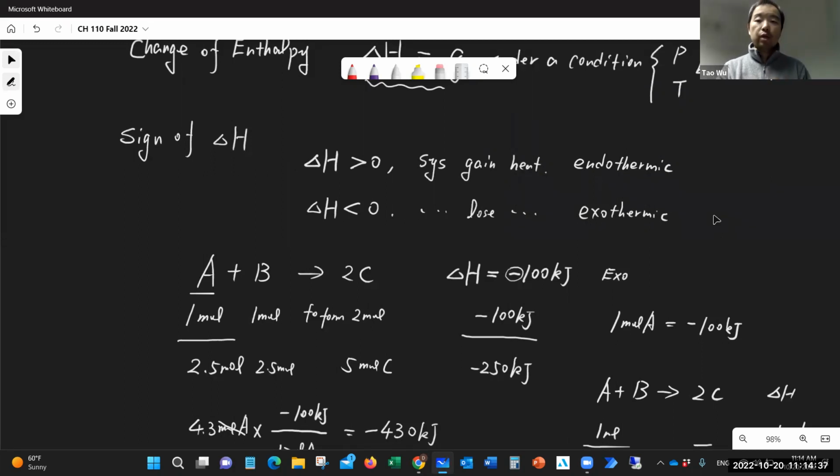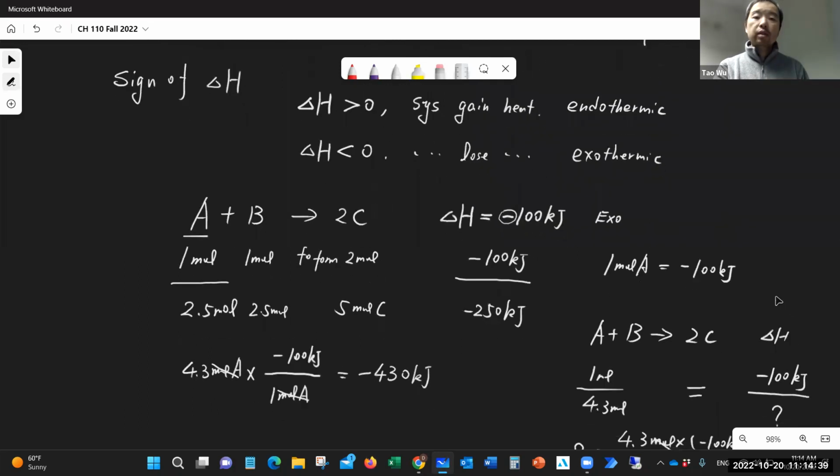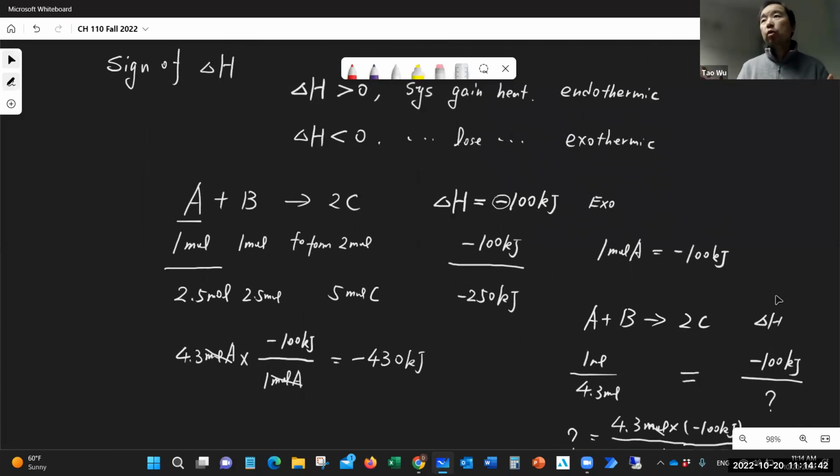Doesn't matter what kind of reaction, as long as we have a reaction, it always comes with a change of the enthalpy, or you can call it the heat of the reaction. For an exothermic reaction, we produce heat, so the heat will be a negative sign, because it produces heat out.